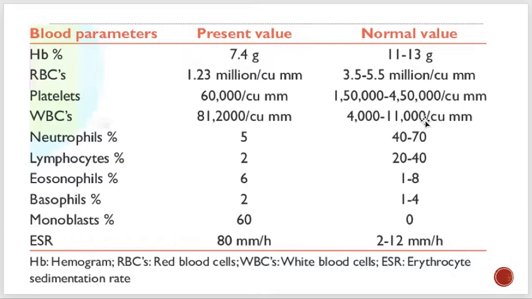Then there is clinical pathology. Under clinical pathology there are certain subfields, like clinical microbiology. These are the people who study microorganisms, like bacteria, viruses, parasites. Then there is clinical chemistry.